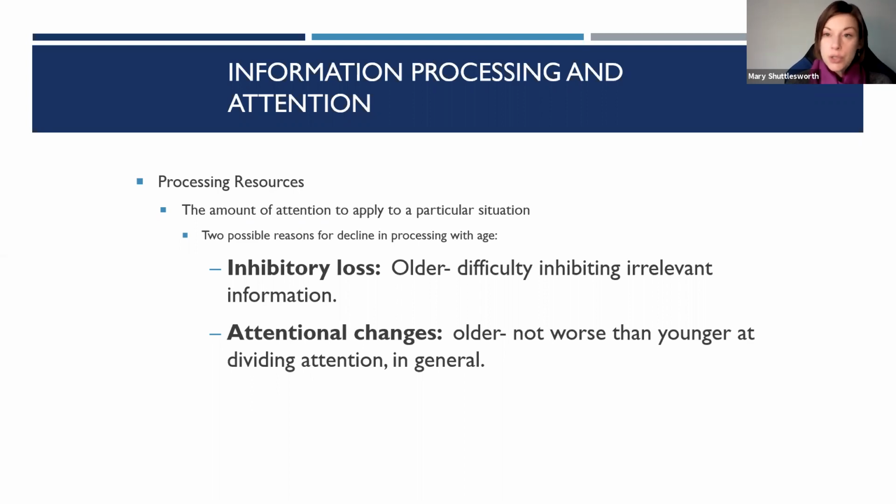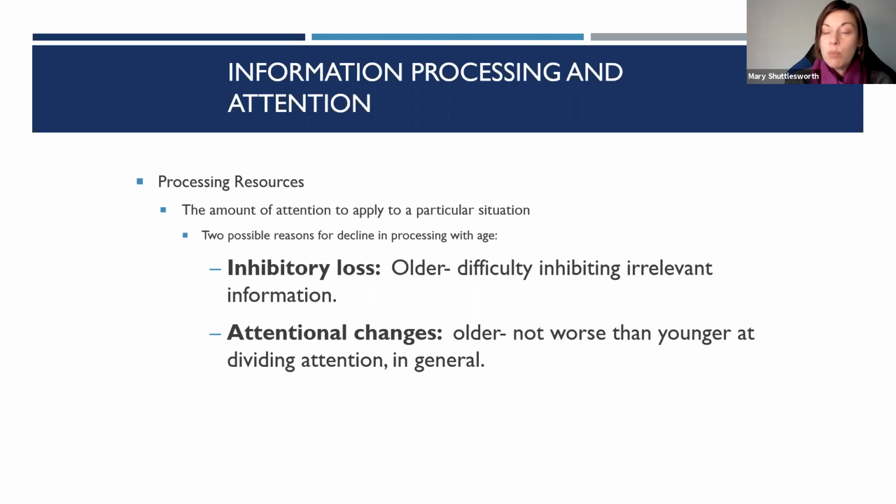And so again, we do see age-related declines here. And 2 of the possible reasons that we see those age-related declines are connected to, first, what we'll call inhibitory loss. So inhibitory loss essentially means that older adults have more trouble filtering out or not focusing on information that is irrelevant. So they have a more difficult time with this compared to younger adults.